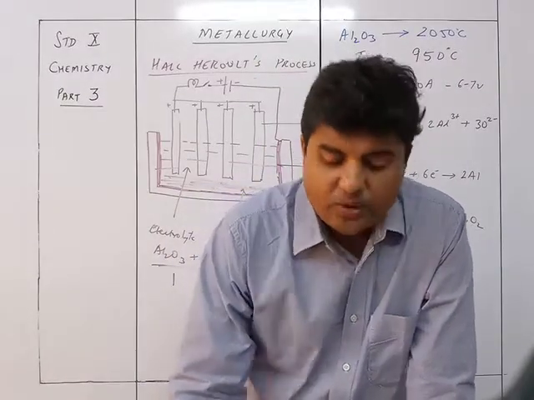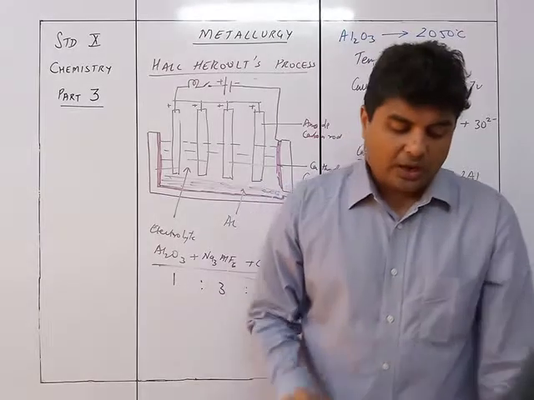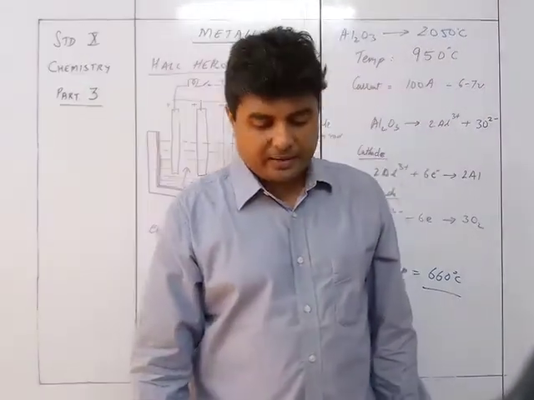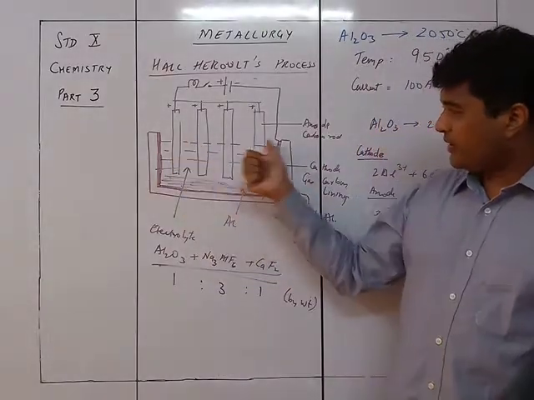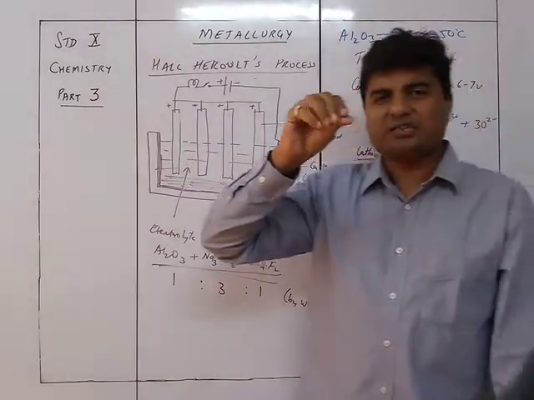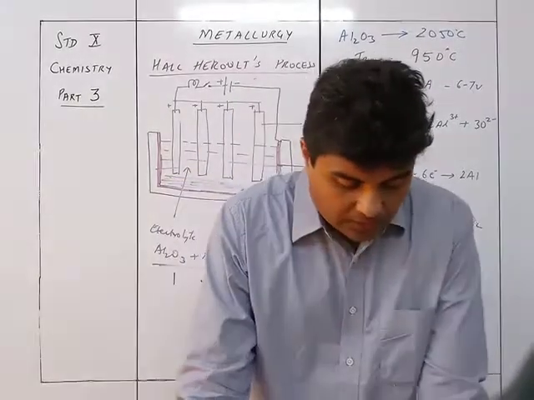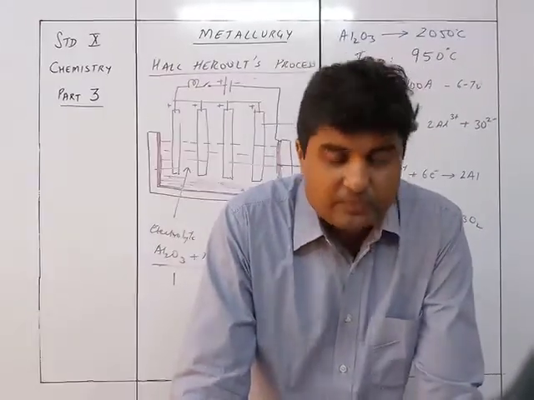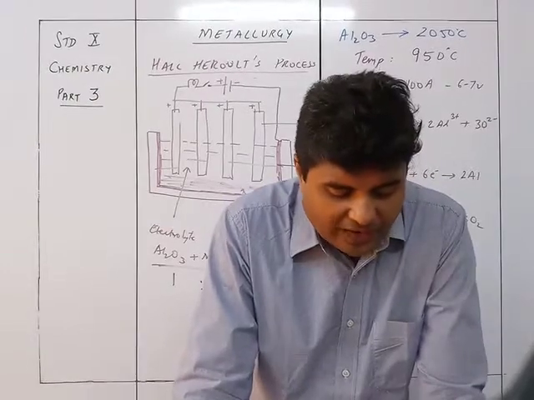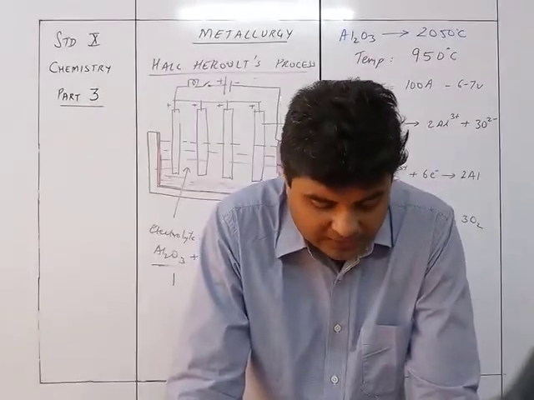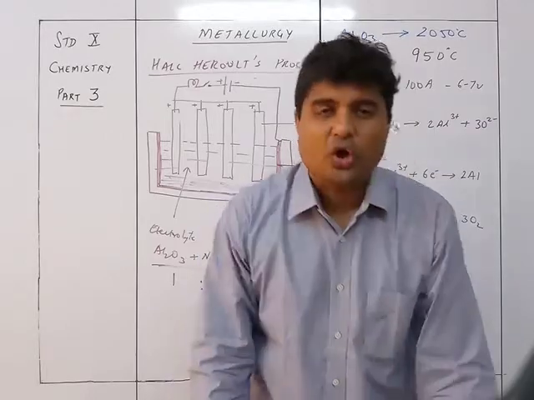Now another thing we are doing in this case is that a layer of powdered coke is sprinkled over the electrolytic mixture. Why do we do that? A layer of powdered coke prevents burning of carbon electrodes in air at the emergence point of the bath and minimizes or prevents heat loss by radiation.